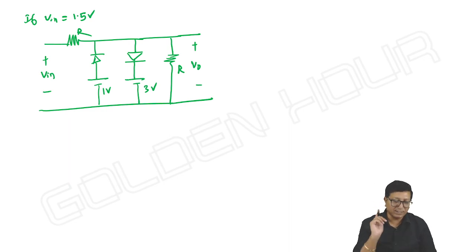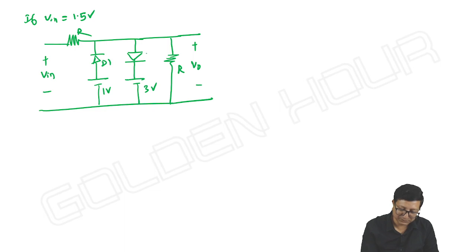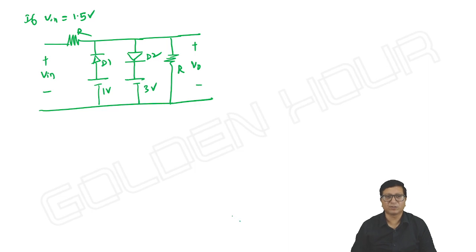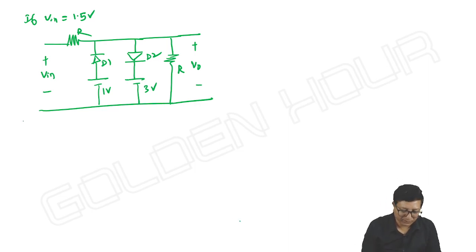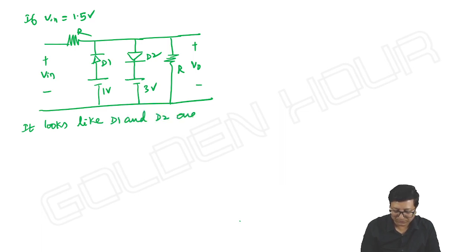Then it looks like D1 has to be off. Okay, and D2 is also off. It looks like D1 and D2 are off.